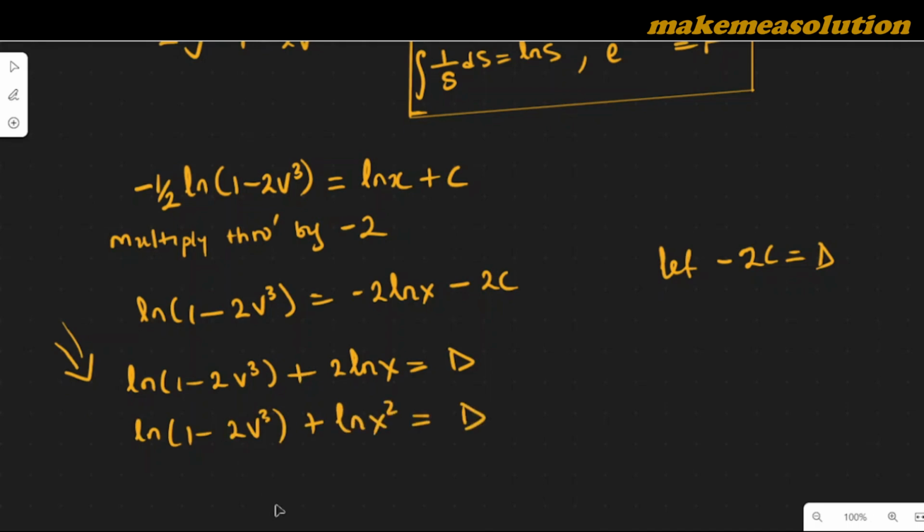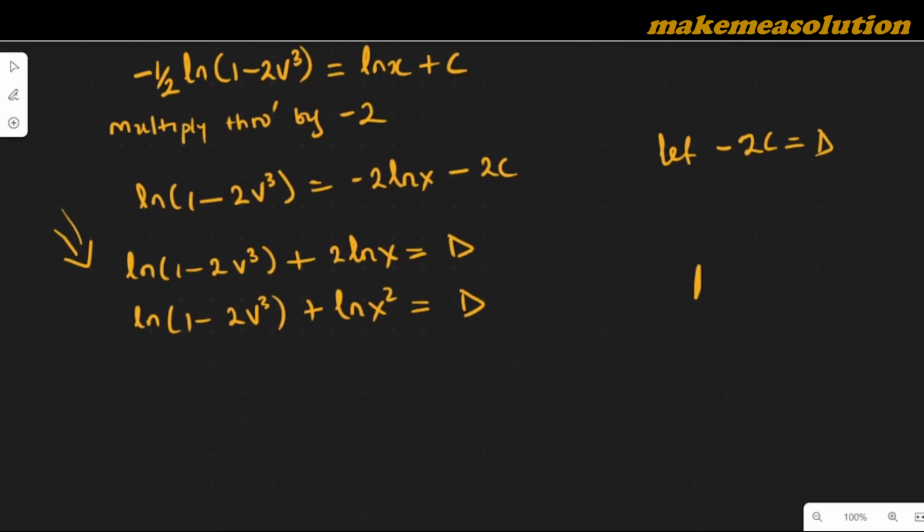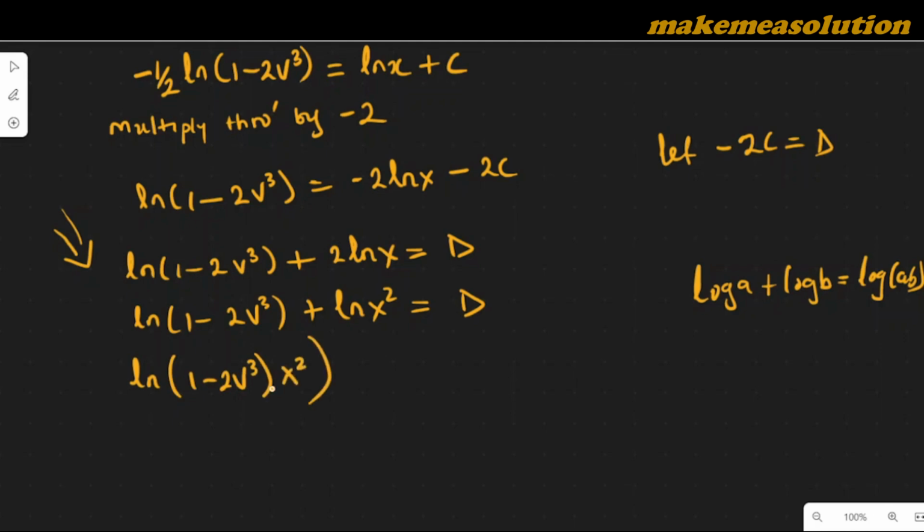Applying the product law of logarithm, log a plus log b is the same thing as log of a times b. So in this case you have ln of 1 minus 2v cubed multiplied by x squared, both sharing one big bracket, is equal to d.